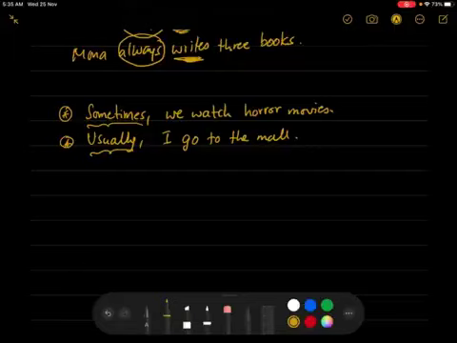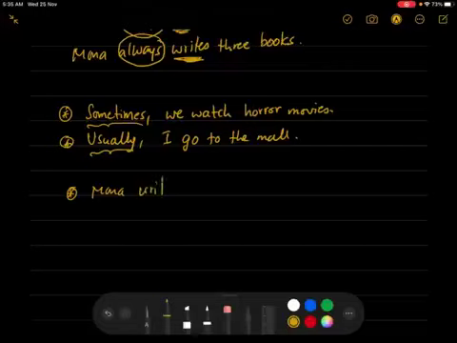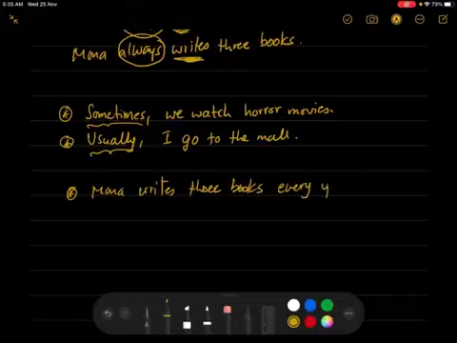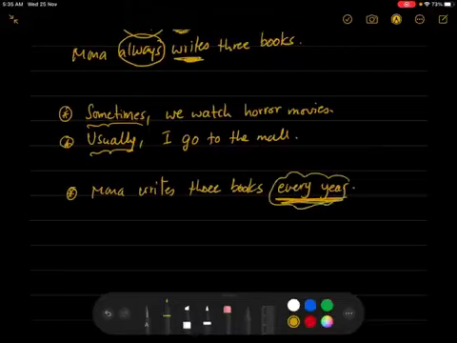So what about the definite adverb of frequency? As we said before, definite adverbs of frequency come after the what. So for Mona, we say, Mona writes 3 books every year. We have every year here.